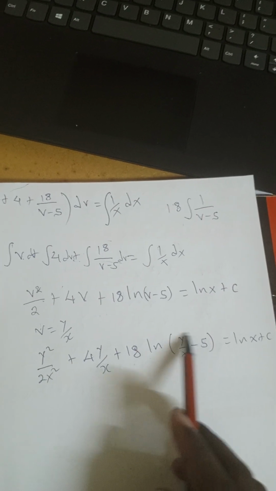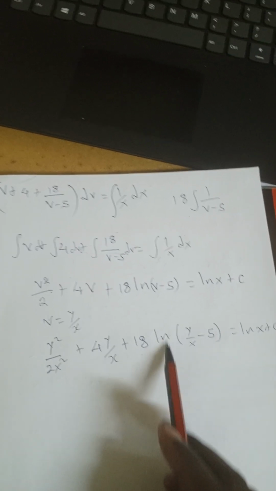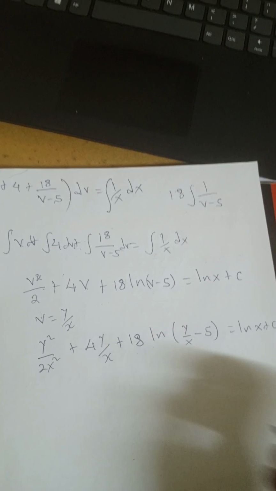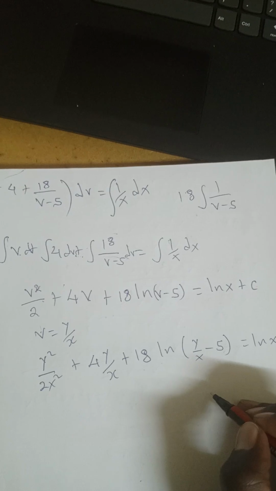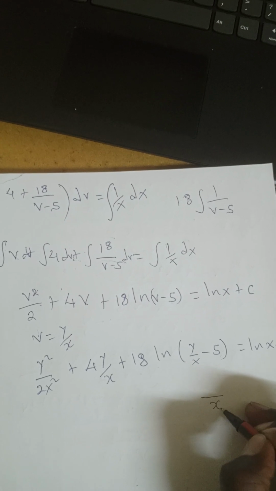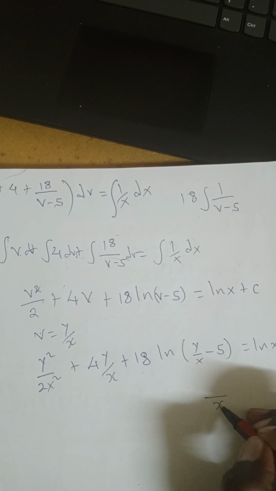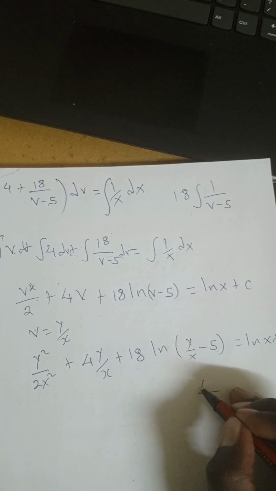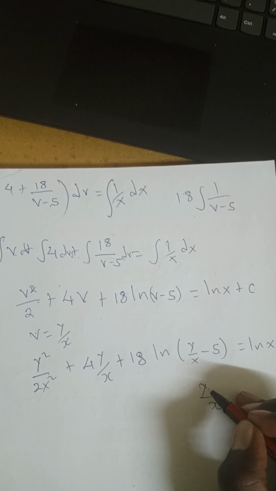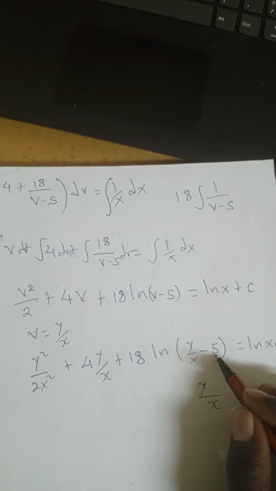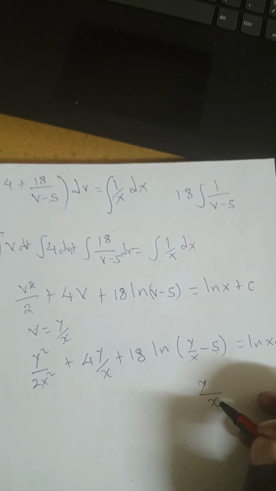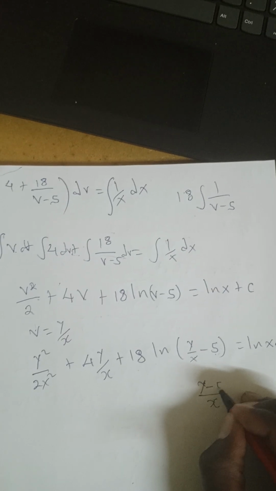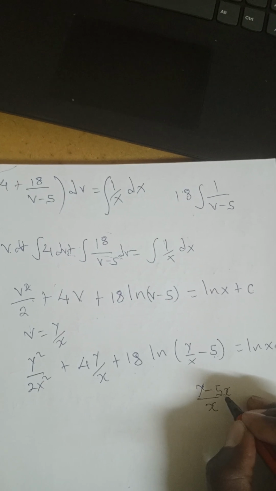Now whatever is in these brackets can be simplified further as well. We can just make one denominator x, then x into x is 1. 1 multiplied by y is y. Then 1 divided by x is x. x multiplied by 5 will be negative 5x.